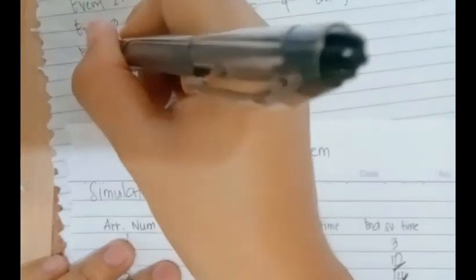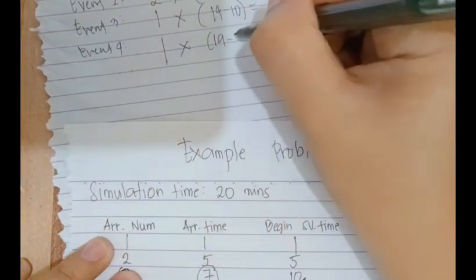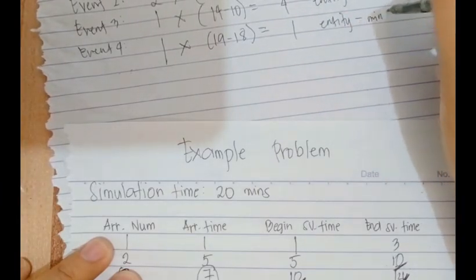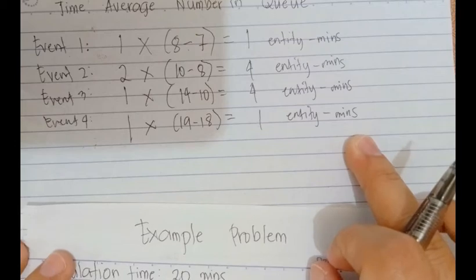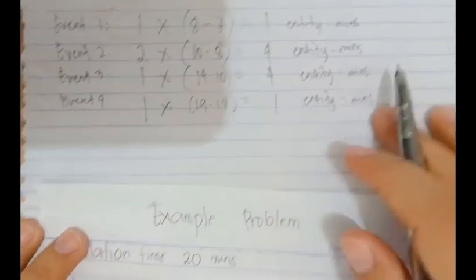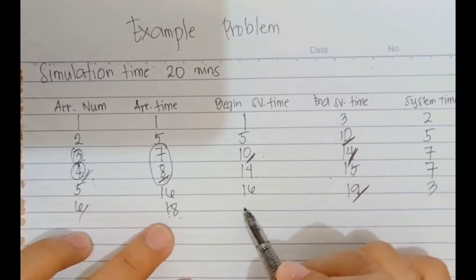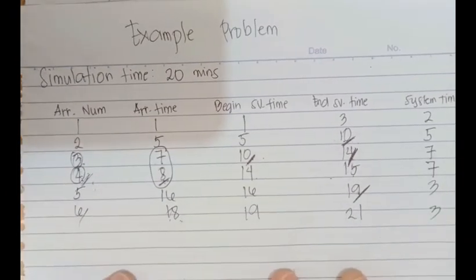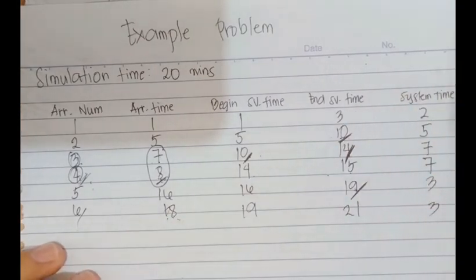Therefore, our event number 4 is 1 times 19 minus 18, which equals 1 entity minute. This means one entity is waiting in the queue between 18 and 19 minutes. Now, entity 6 starts service, so this is 19, 21, 3.